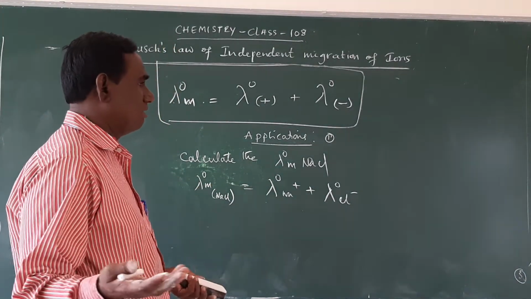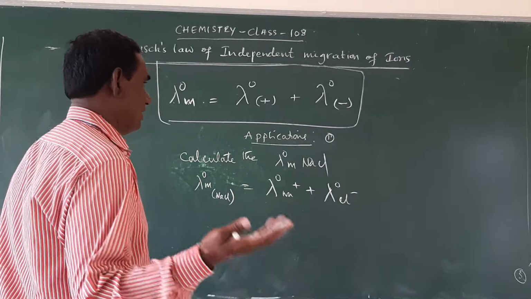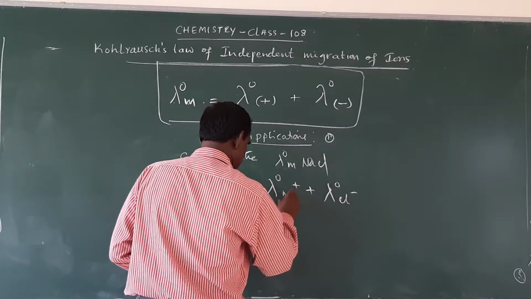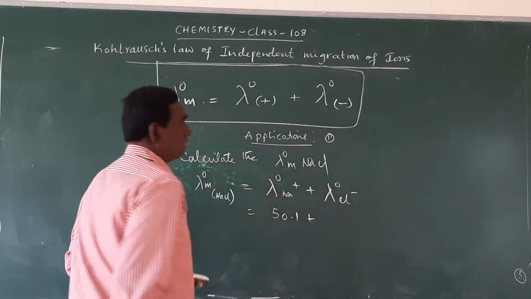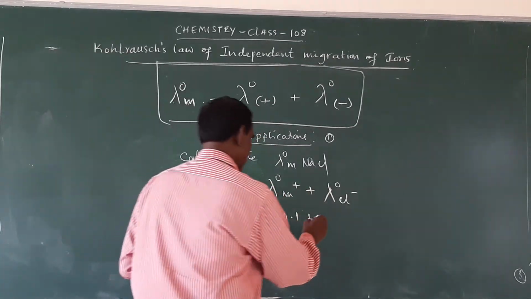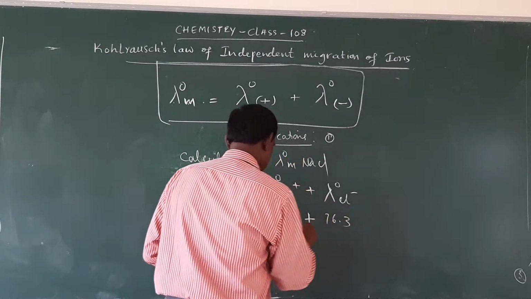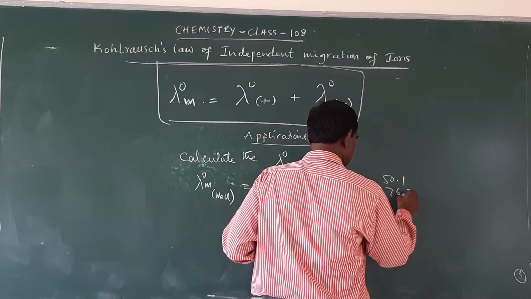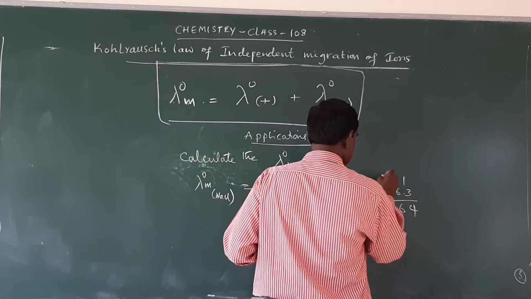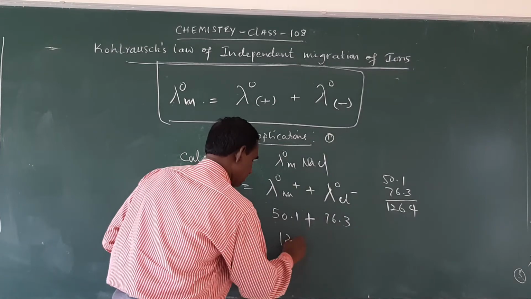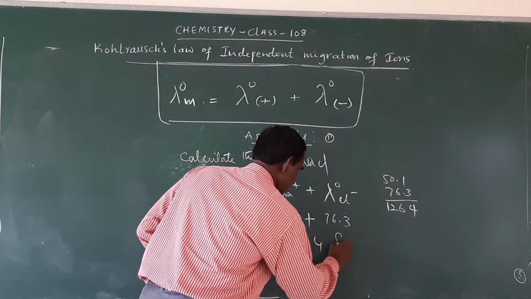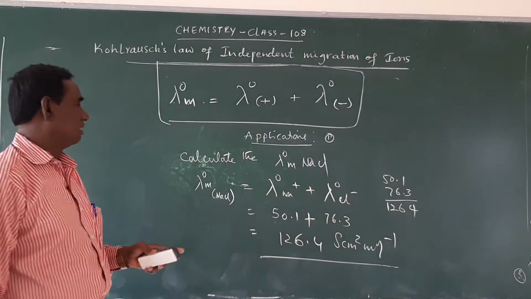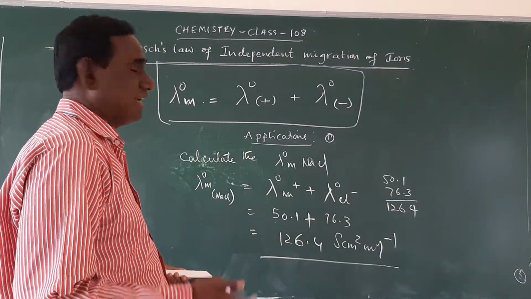For Na plus, lambda naught is 50.1, and that of Cl minus is 76.3. Adding these, 50.1 and 76.3 give 126.4 Siemens centimeter square per mole. So that is lambda naught m of NaCl.